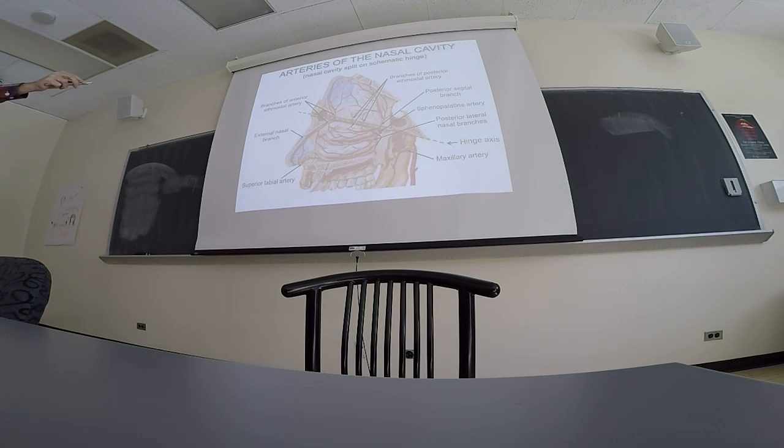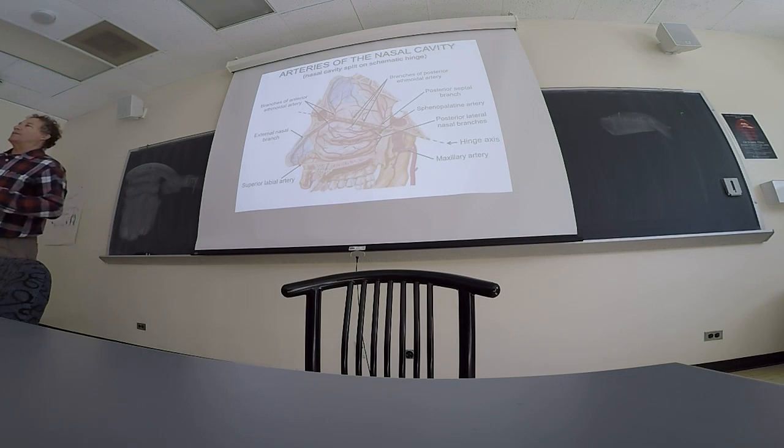So this one's heading to the septum, this one's heading laterally, spreading out over all these conchae. Okay, and then these sort of come together and end up, and there's also the superior labial artery, which you might have seen on the exam. Okay, so most of the interior of the nasal region is all this sphenopalatine artery that comes through the sphenopalatine foramen. So when you get punched in the nose and you get a nosebleed, that's the culprit.